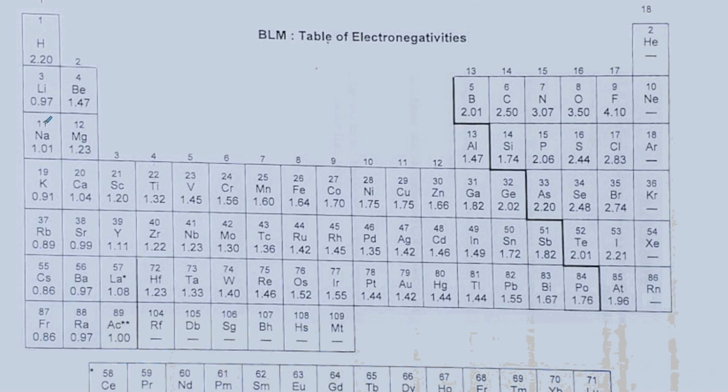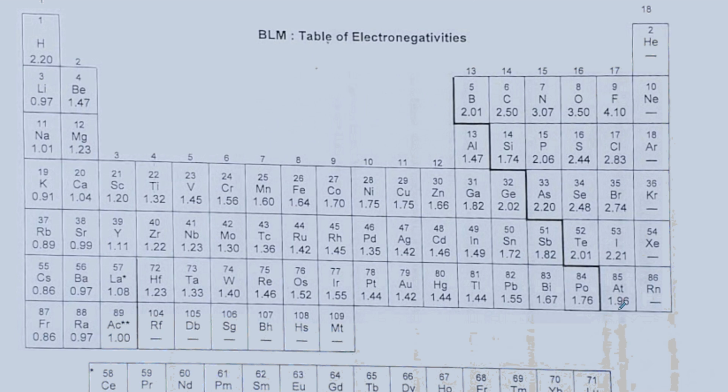If you look, you'll notice the metals on the left-hand side have lower electronegativities in general, and the non-metals have higher electronegativities. The trend is that if you go across a period, the electronegativities increase.